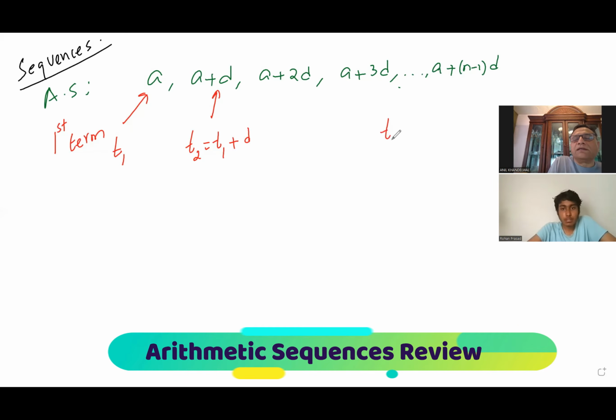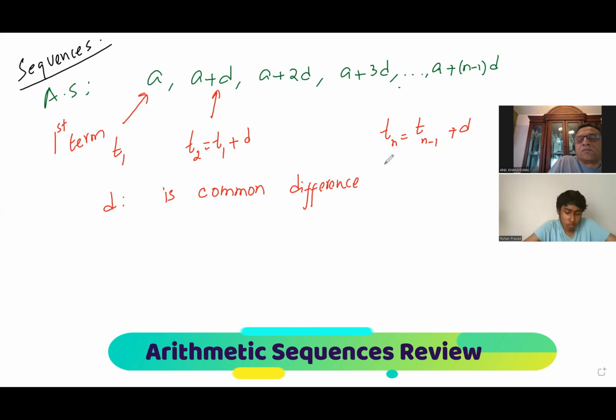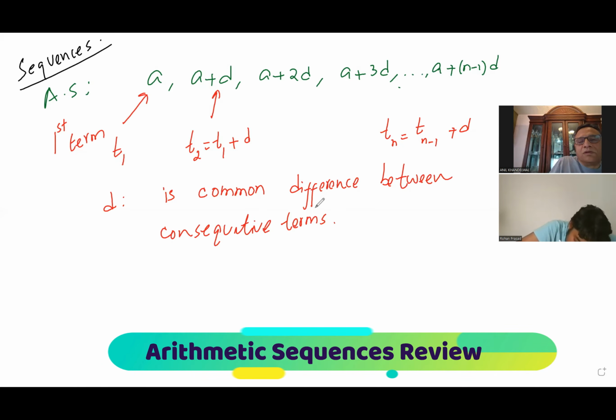And generally, we can write Tn as T of n minus 1 plus D. So that means the difference between consecutive terms is D, correct?